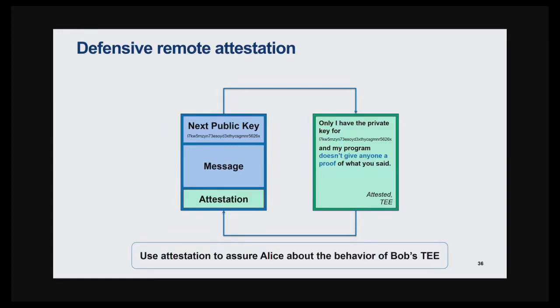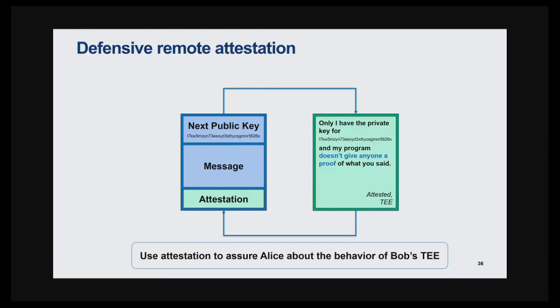But it has the downside that, as a countermeasure, it's less effective because you're attesting this huge piece of code, and whoever is receiving it, so Alice receiving this attestation from Bob, needs to look at this huge program implementing a whole messaging client and be convinced that Bob isn't doing anything underhanded.